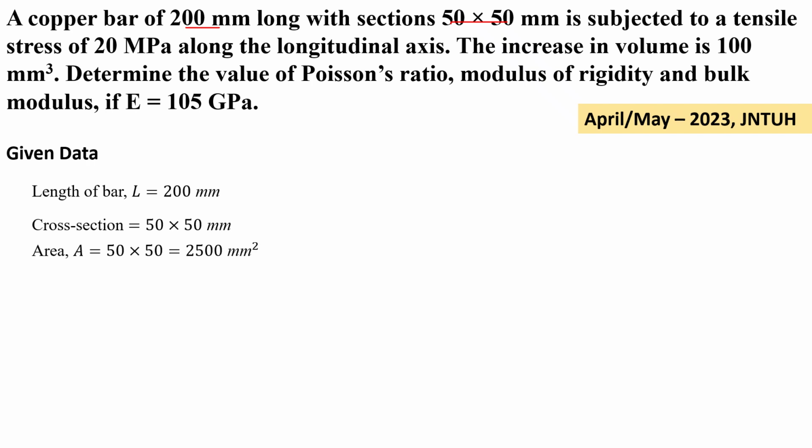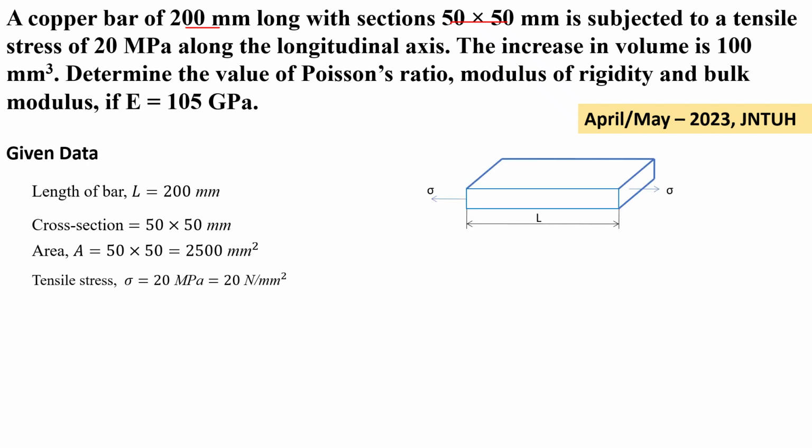So the cross sectional area, capital A, equal to 50 into 50, which is equal to 2500 mm square. Also given is the tensile stress, sigma equal to 20 MPa, and we know that 1 MPa equals 1 Newton per mm square, so tensile stress sigma equals 20 Newton per mm square.